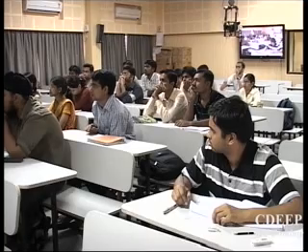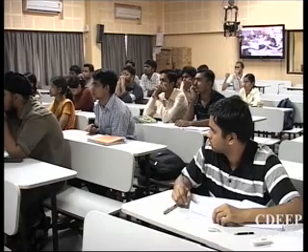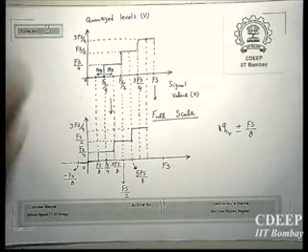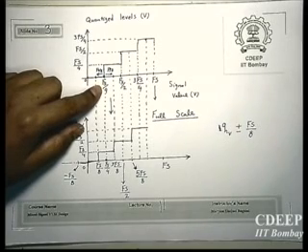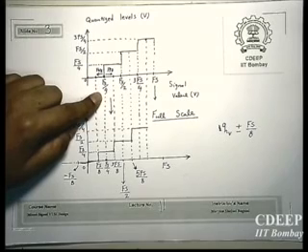But for positive signals, I don't think the above one is preferable, because what happens is that your quantized level is exactly your threshold level. This means that if you have a little error around Fs by 4, your code will change. If you are on the right side, you will go to the next level; if you are on the left side, you will go to the level before.